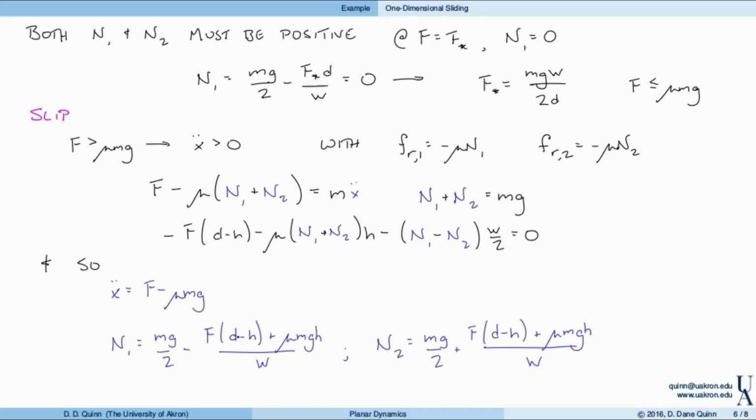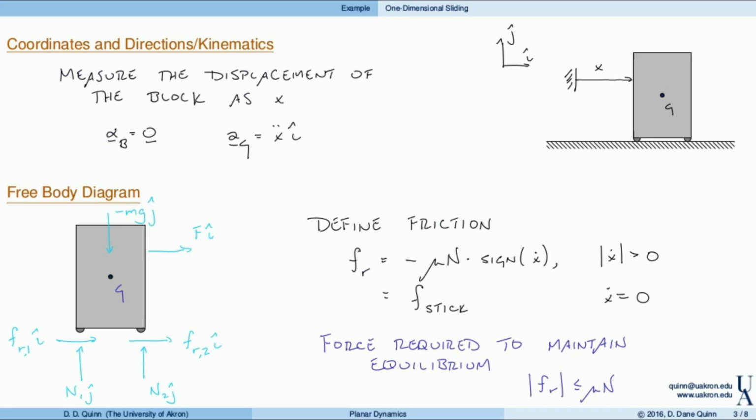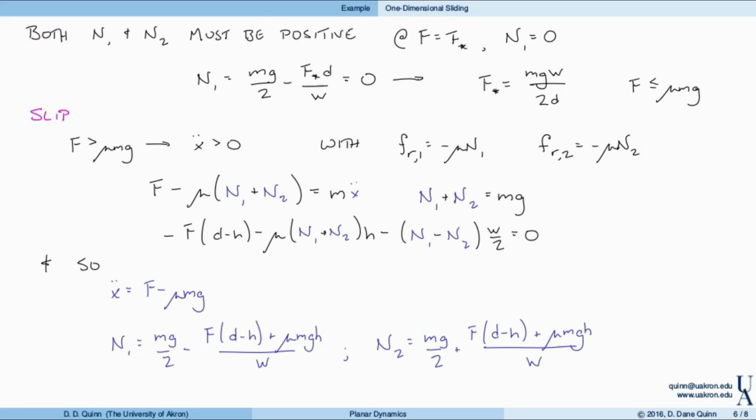So, in particular, if d minus h is positive, and actually let's go back and look at what that was. d minus h looks like the height between the applied load F and the center of mass G. So really d minus h is the height above the mass center for the point of application of the external force.